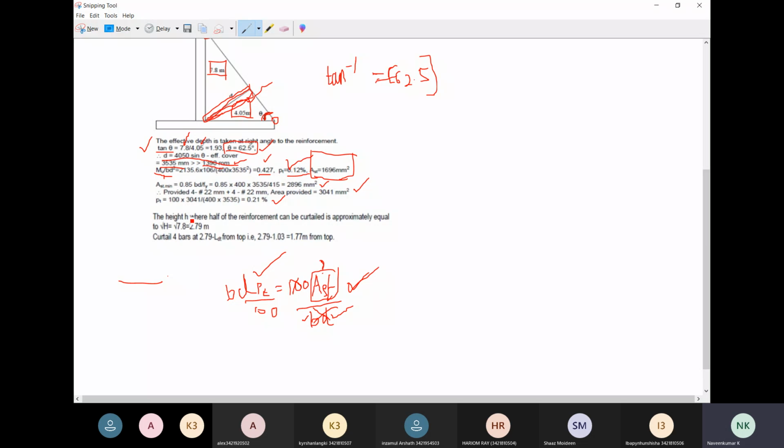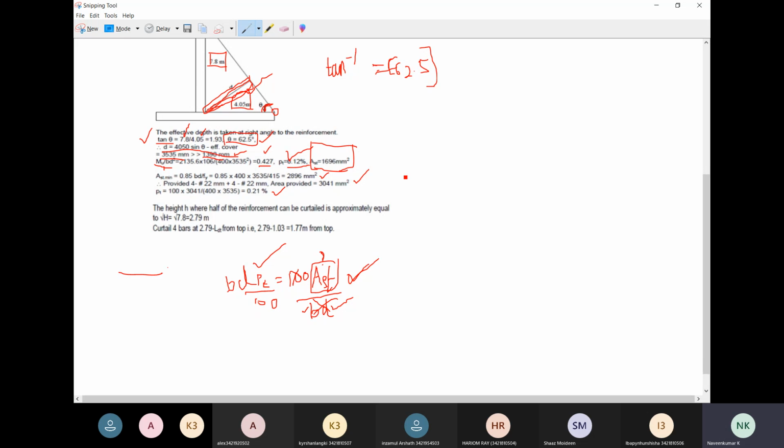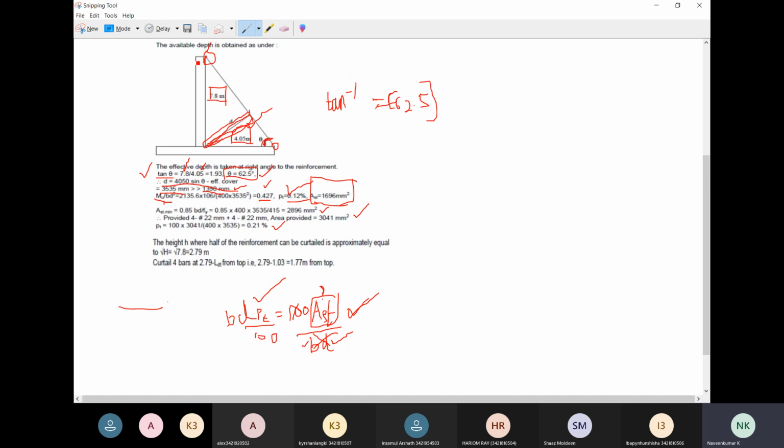Okay, so after that, as I told about the curtailment reinforcement, there are different kinds of reinforcement to be provided in the counterfort support. The curtailment reinforcement will start from here and it will go like this and it will tie all the elements.